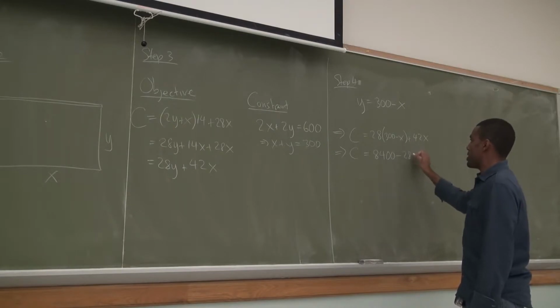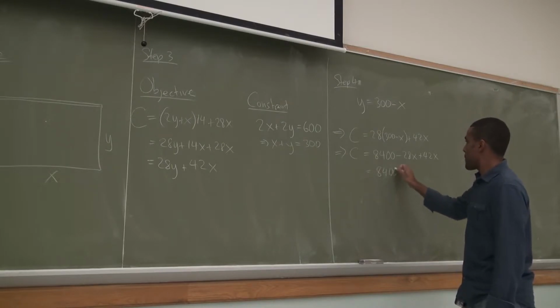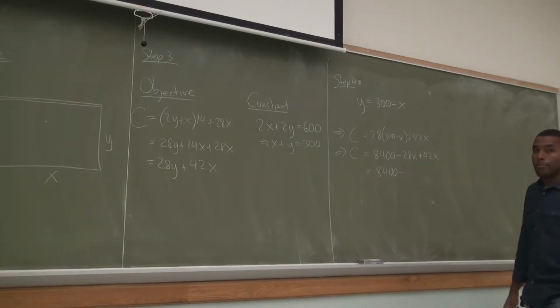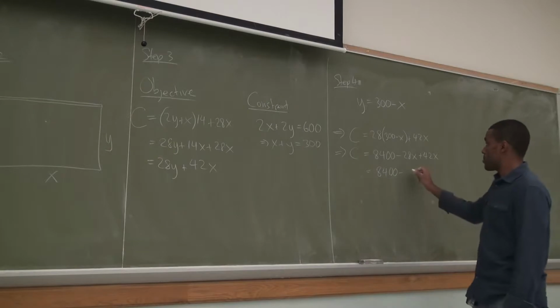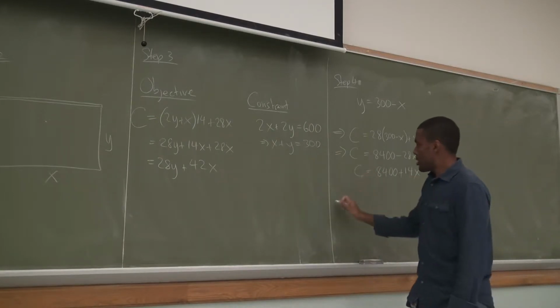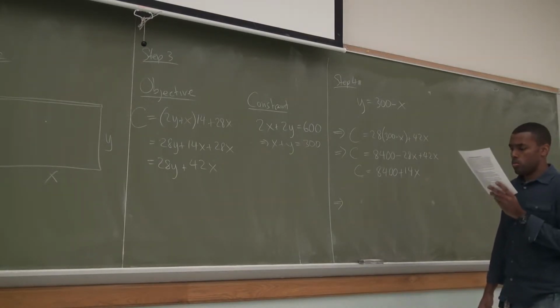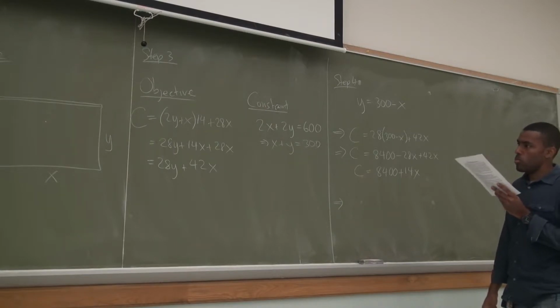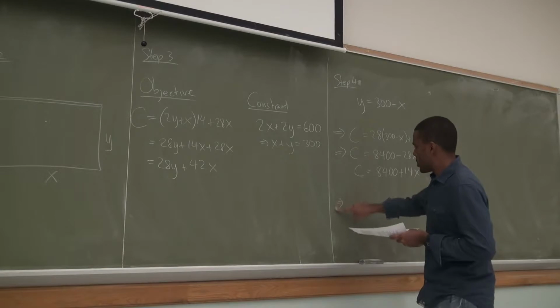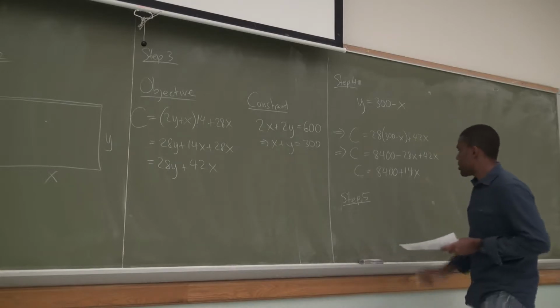8400 minus 28x plus 42x. This gives you what? 14x. That's strange. Now step 5, find the derivative.